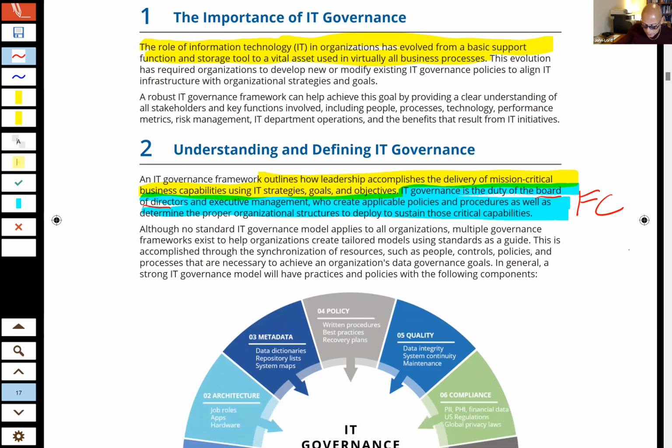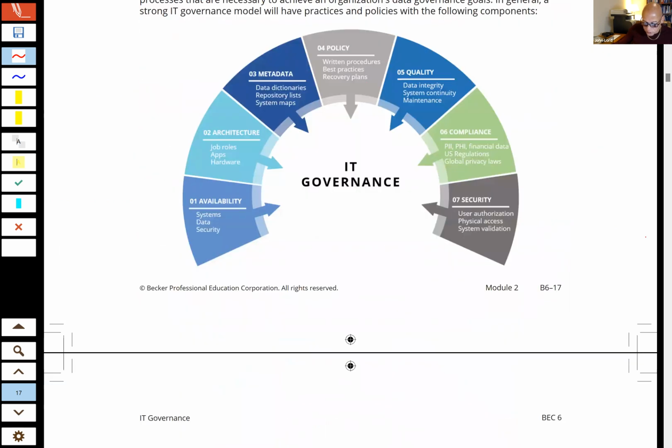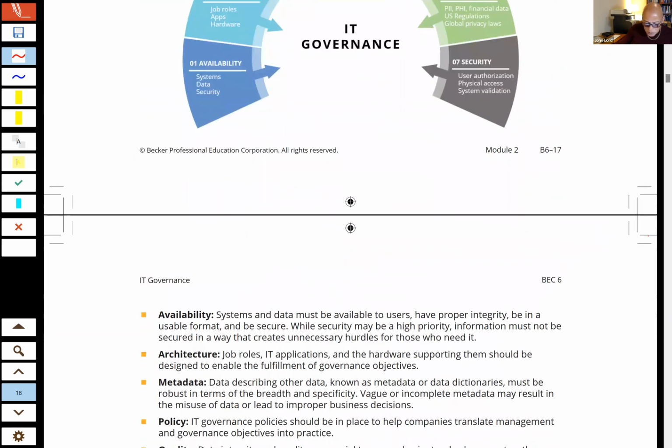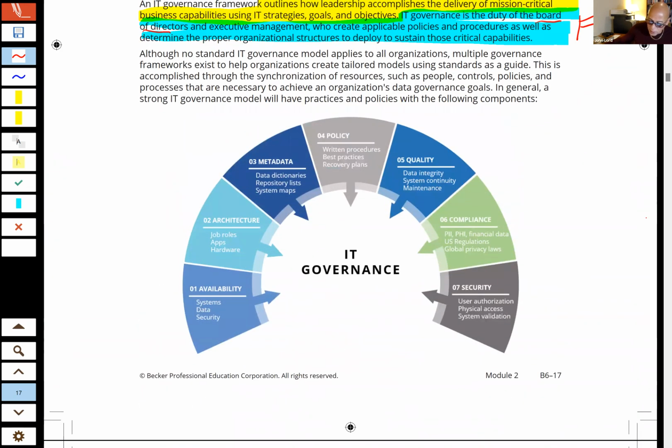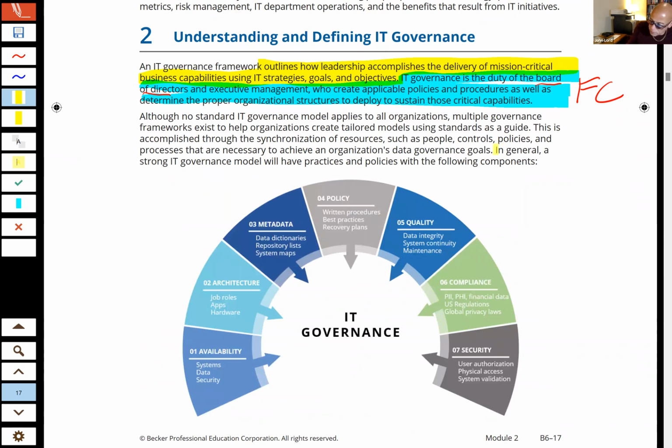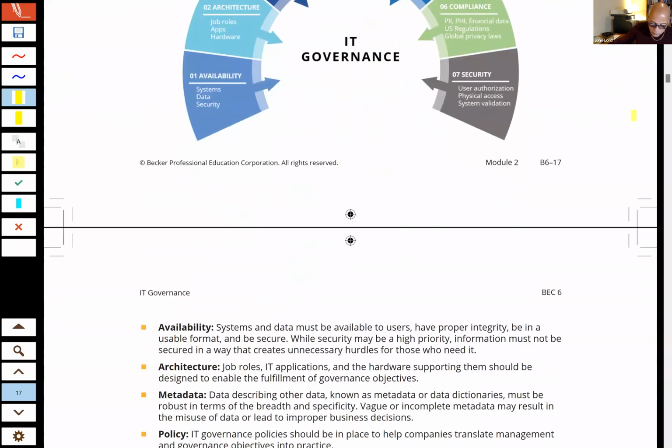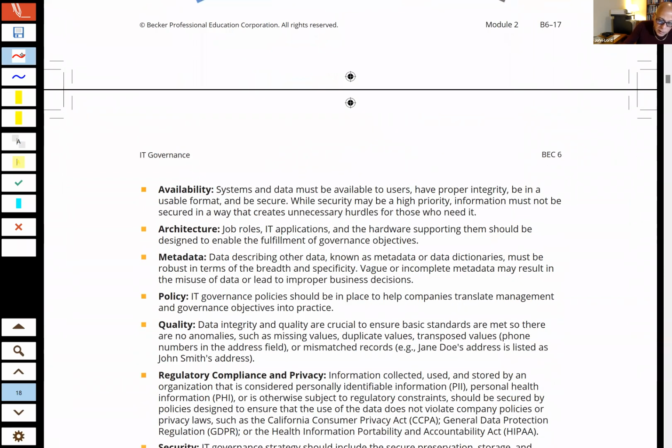I'm not sure you necessarily need a graphic for that, but let's take a look at the key components of a strong IT governance structure. Let's flashcard those. The systems must be available to users, and obviously available in a secure format.